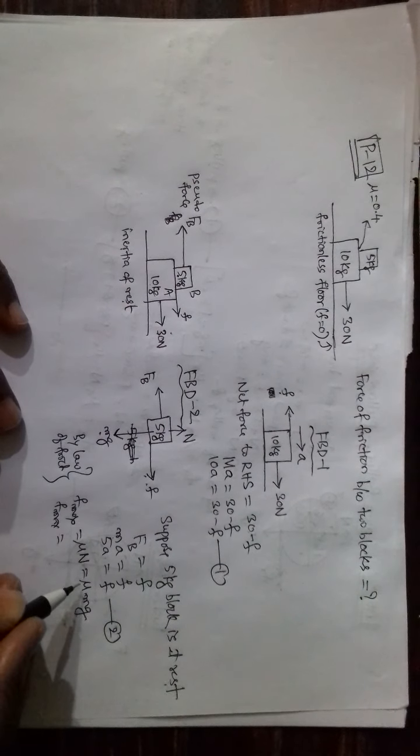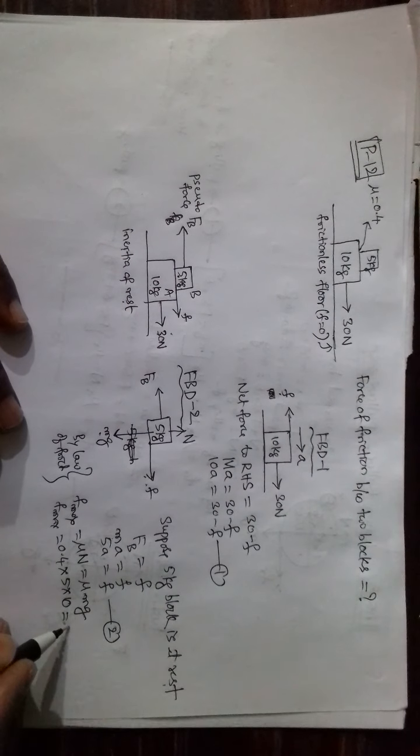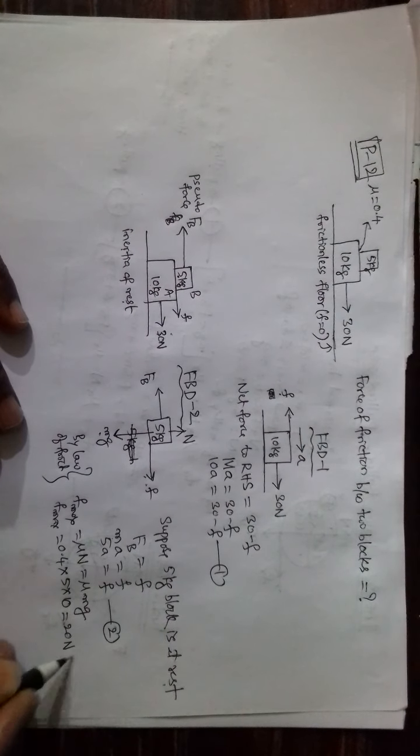And here substituting the values, the mu value is given 0.4, 5 kg into 10, so we get 20 newtons. So the maximum friction is this much.